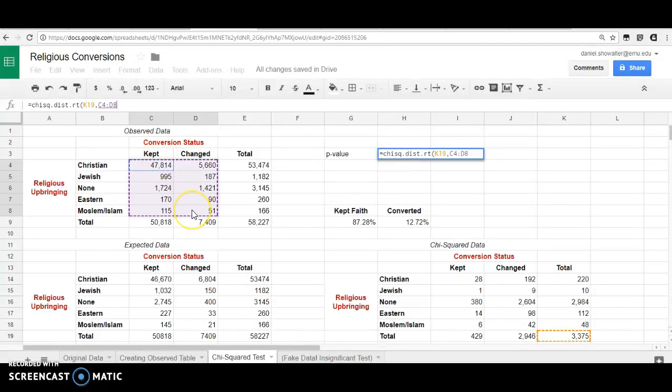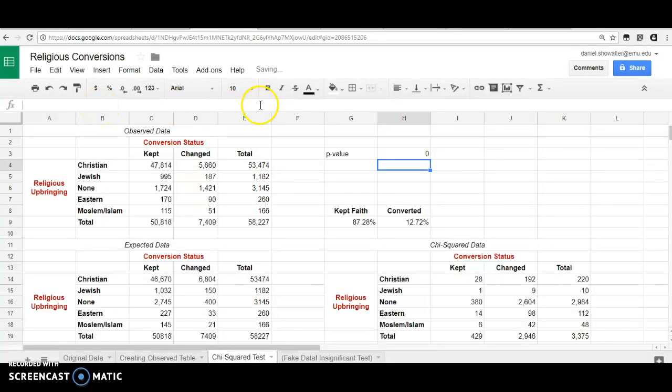So if you just picture getting the entire data and then just taking it up a row, taking it over a column, that number of cells is our degrees of freedom. So in our case, our degrees of freedom is 4. Hit that and we get our p-value.